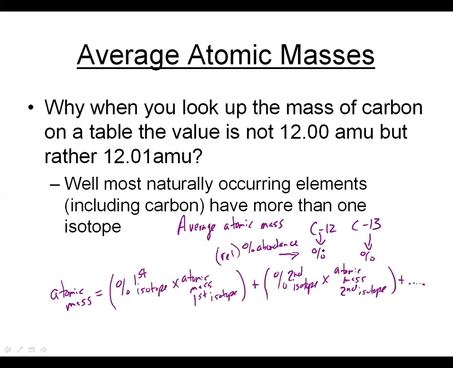Obviously, when we calculate the total percentage of each of these guys, it should really equal 100%. Then we know we essentially have all the naturally occurring isotopes. So for example, if we follow this formula here, which I think might be on the next slide, so let's take a look at that.